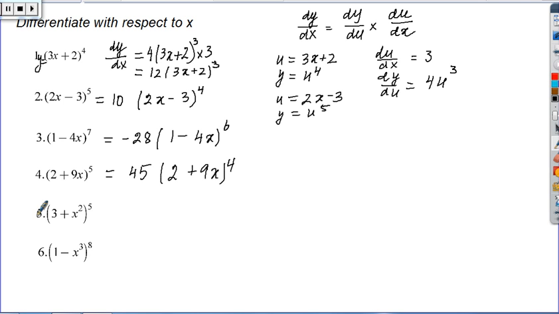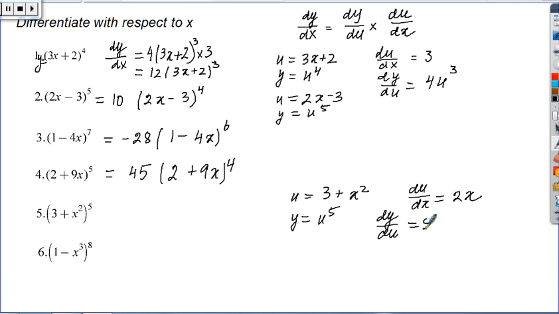In question 5, there is a little change here, because our u is 3 plus x squared, and don't forget that du by dx this time is going to be 2x. So y is still u to the power 5, so dy by du is 5u^4.